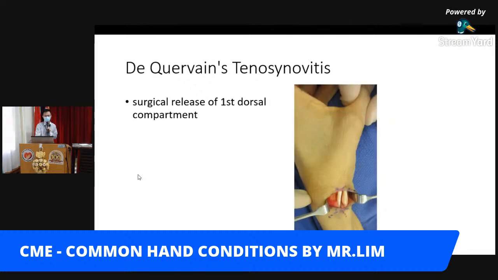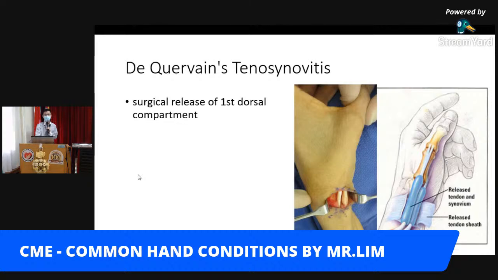And if everything doesn't go well, then surgical release is indicated. We release the first dorsal compartment, as shown in this cartoon here. The first dorsal compartment with APL and EPB inside is released completely.